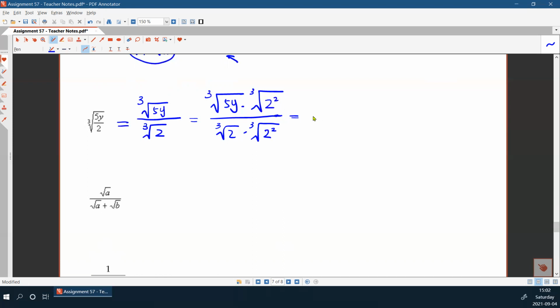Okay, so now the denominator becomes 2 raised to the power of 3, and then find its third root, which is of course 2, right? And then the numerator becomes the cube root of 5y times 2 to the power of 2, which is 4, right? Okay, so the denominator becomes 2, and the numerator becomes the cube root of 20y, right?